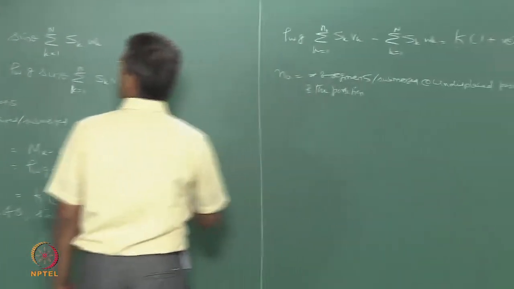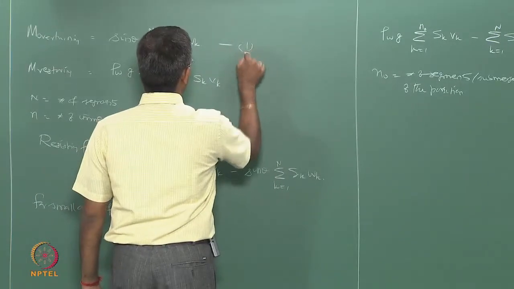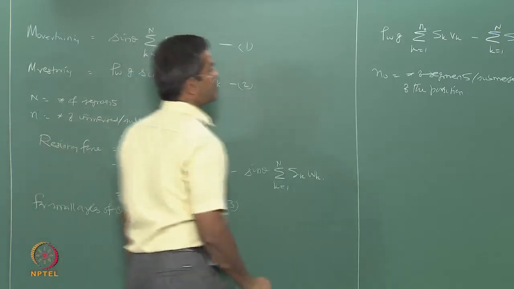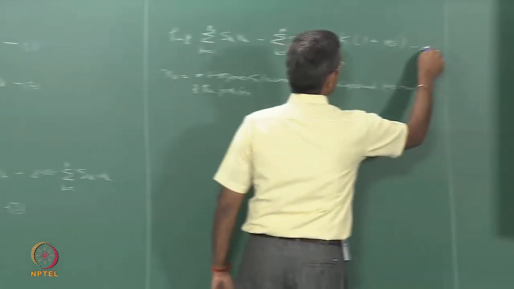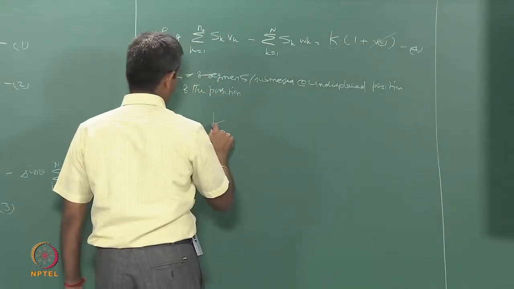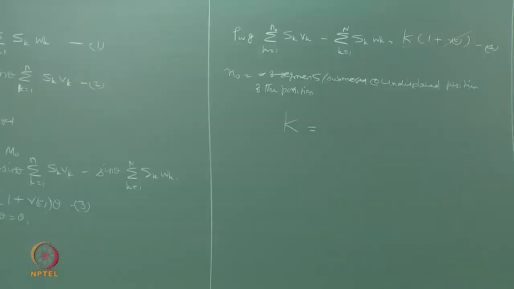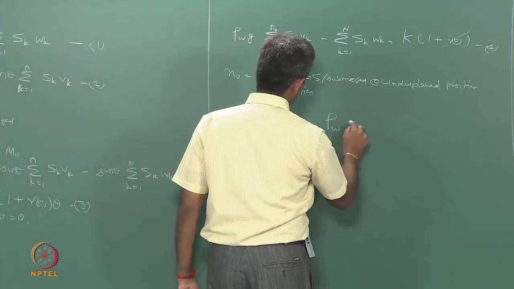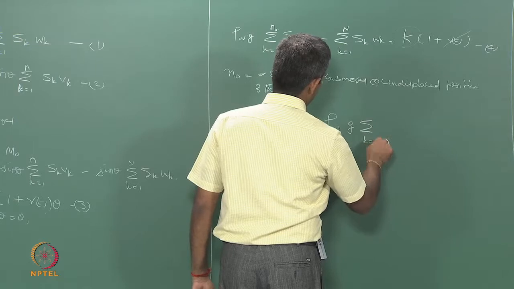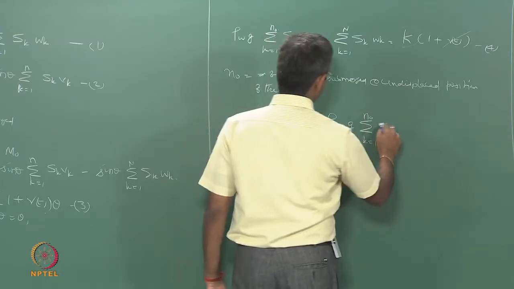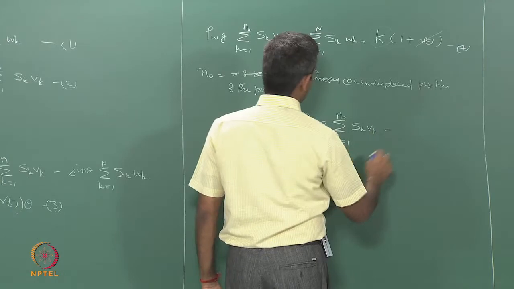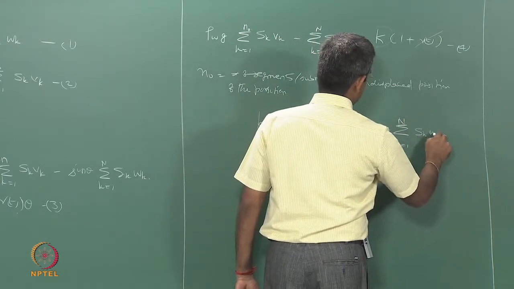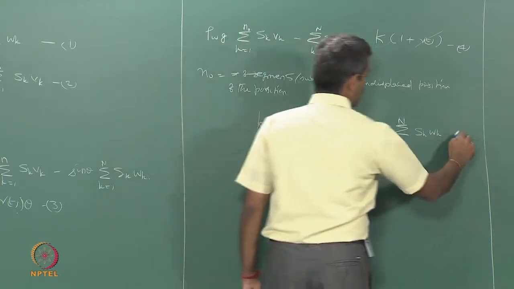We can call these equations 1, 2, 3, and 4, where I say K is given by rho Wg summation k equals 1 to n naught of SKVK minus summation small k equals 1 to n SKWK. This is, let us say, 4a.